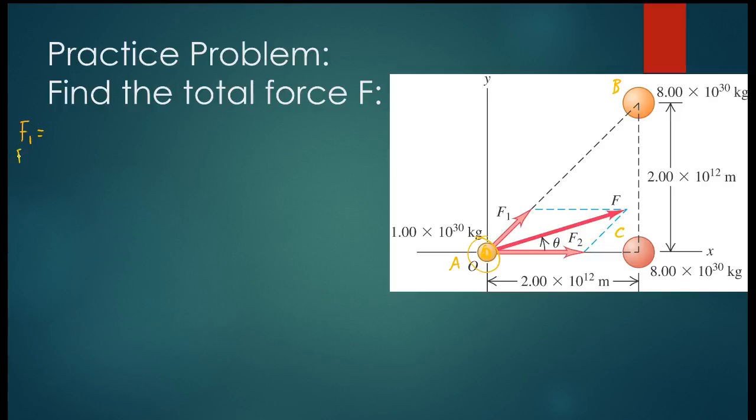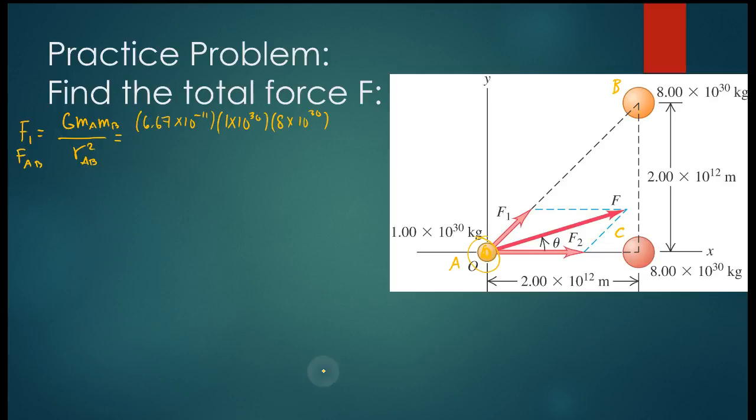So F1 is actually FAB, and that's equal to G MA MB over RAB squared. Okay, so that's 6.67 times 10 to the minus 11th, and we're not going to put the units in anymore. That's 1 times 10 to the 30th kilograms, and then 8 times 10 to the 30th kilograms. Just make sure that you have everything in kilograms and meters.